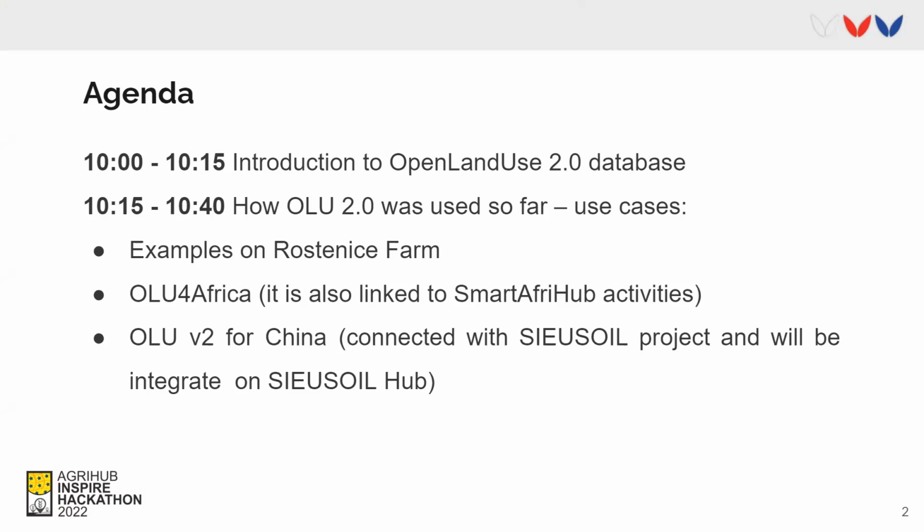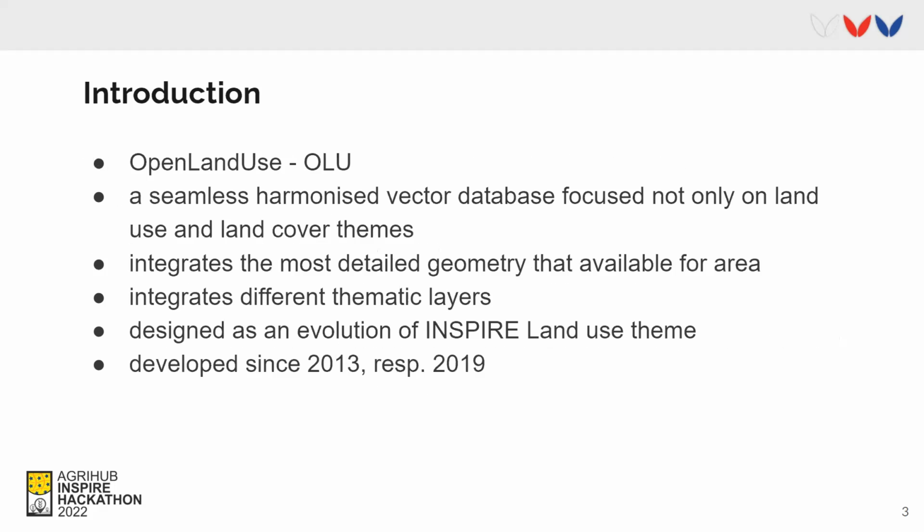First of all, just a brief introduction, then the most important features this new OLU version is providing, some overview of the data model, an overview of the main advantages compared to the previous version, and then our colleague Dimitri will present some examples for the Czech use case and for the African use case. So it will be shown on real use cases.